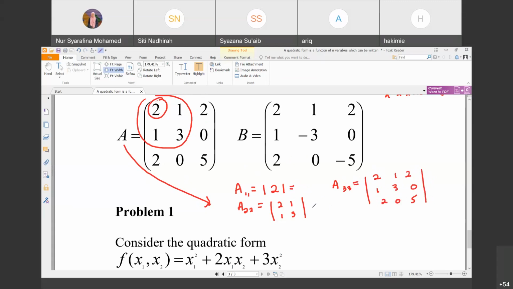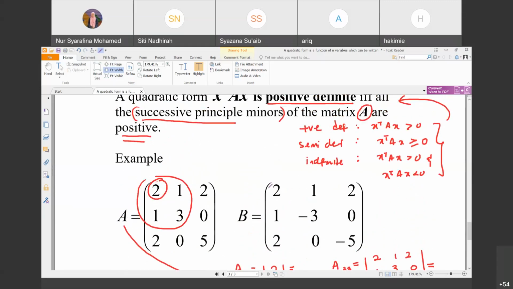We want to find what? Remember? Anyone? Okay, so now find the values of the determinant of each leading successive principal minor here.